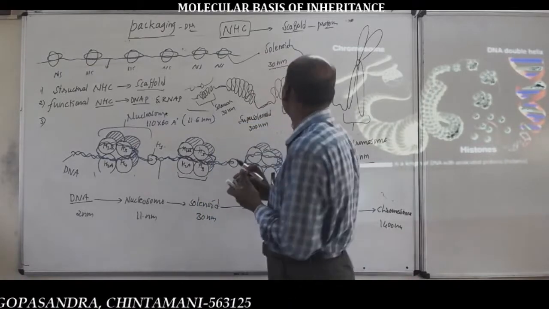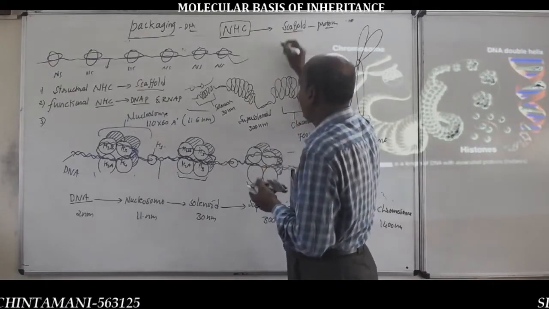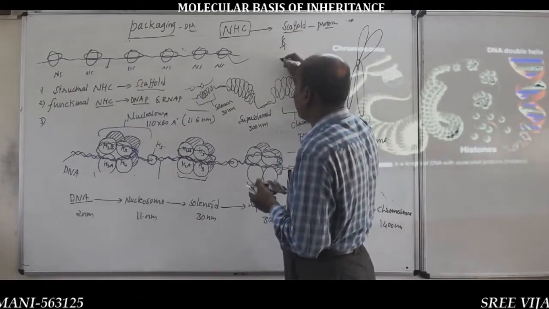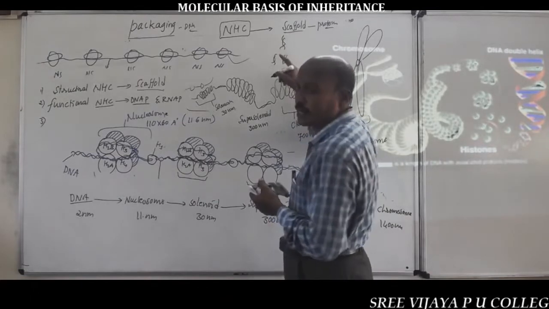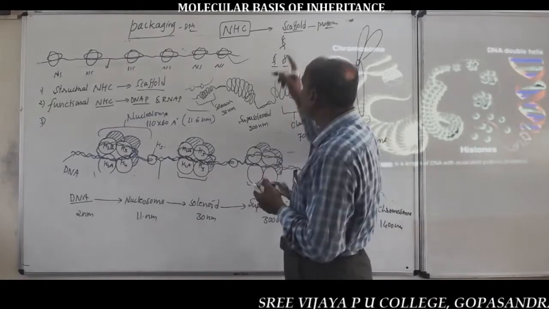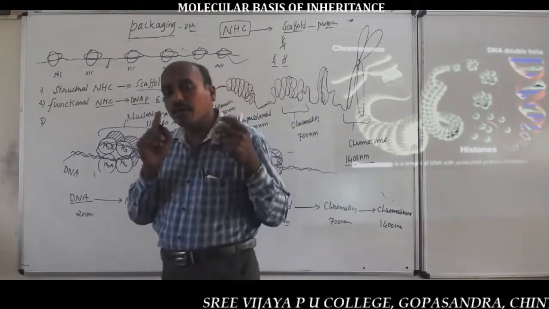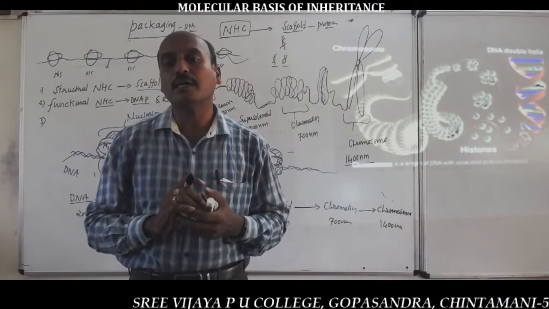For example, in the replication of DNA, one parental DNA produces two daughter DNAs. The major protein required for replication of DNA is DNA polymerase.